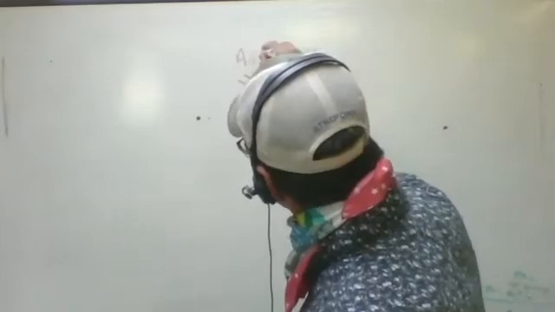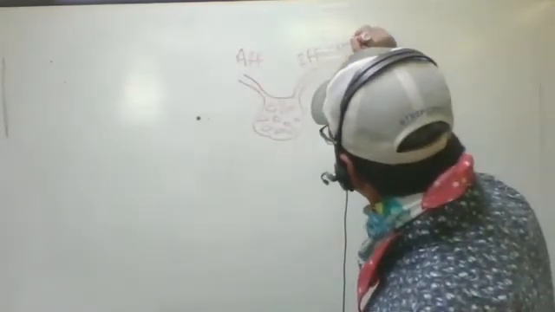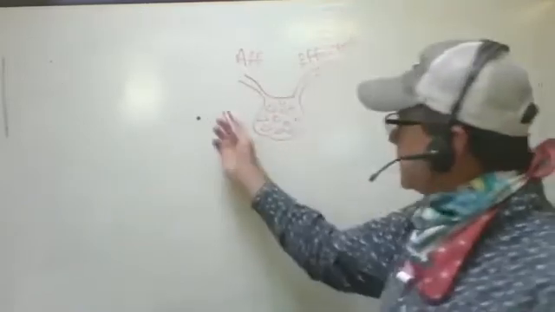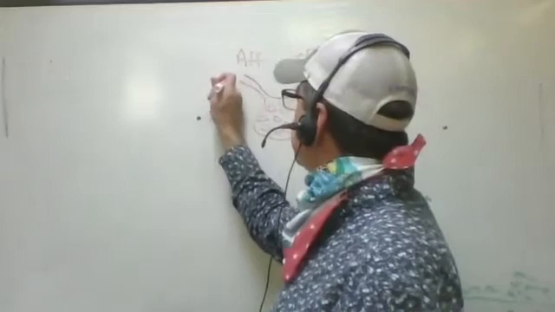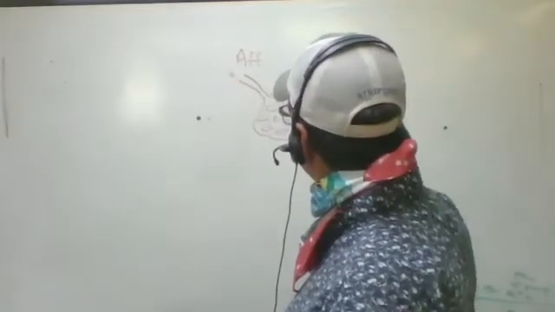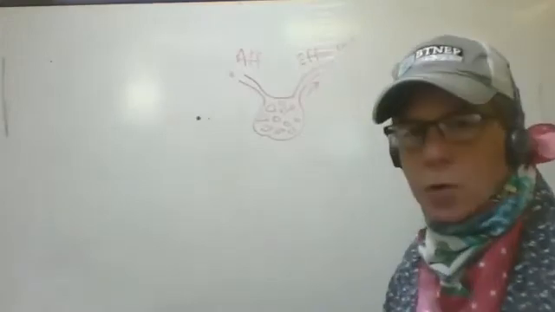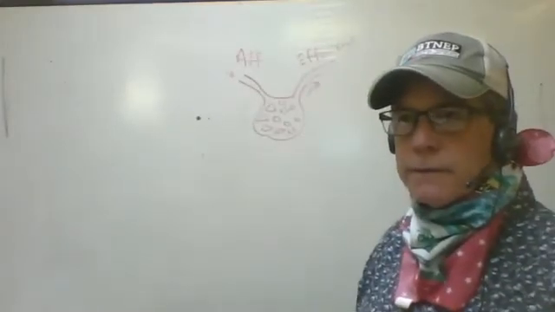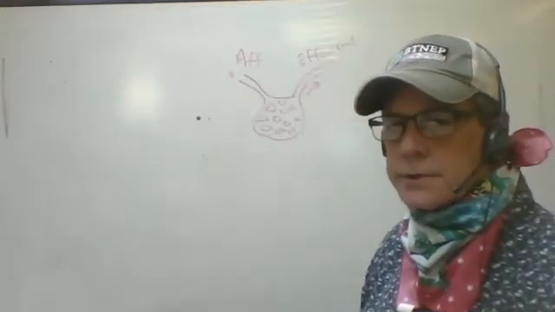It leaves the renal corpuscle through the efferent arteriole. So this is an arteriole bringing blood in, and this is the arteriole bringing blood out. This is kind of like the core of the nephron, the core of the renal corpuscle.